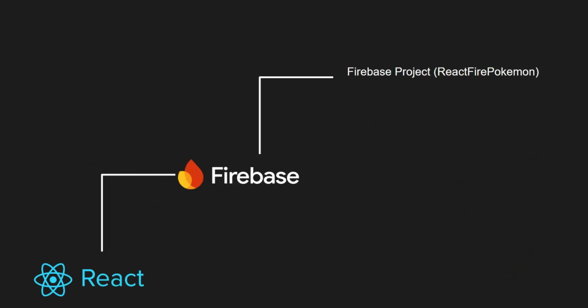Okay, all right. So first, we're going to create a React application, and then we're going to set up the services on Firebase. Okay, so in this course, we're going to create a Pokemon repository or a list of Pokemons. So our project, I'm going to rename it as React Fire Pokemon.